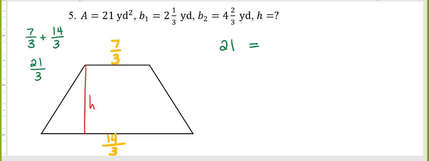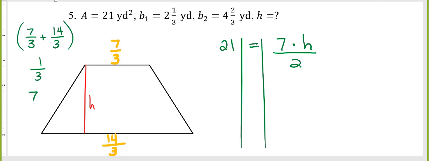What's 21/3? 7. So when I add those two bases up, I get 7. So area equals 7 times the height all over 2. Do your railroad tracks.